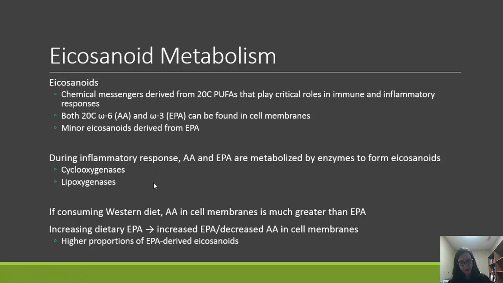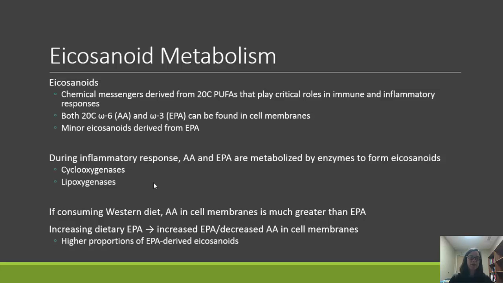Now, as we talked about, if we're consuming a Western diet, the arachidonic acid found in the cell membranes is in much greater quantity than the EPA. Increasing our EPA actually decreases the arachidonic acid in the cell membranes.